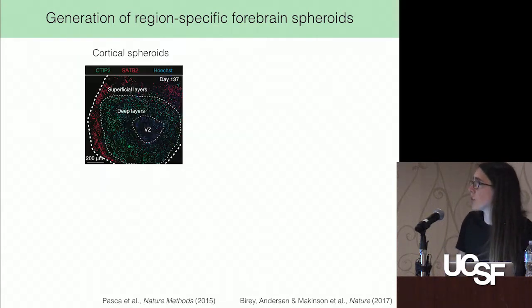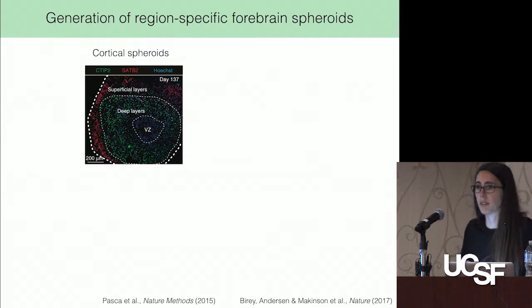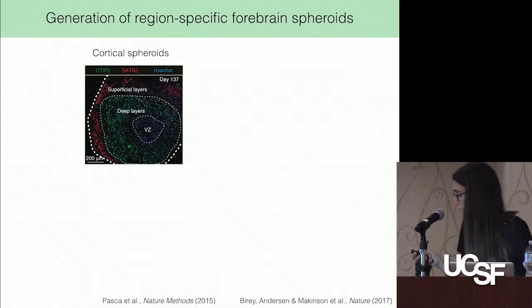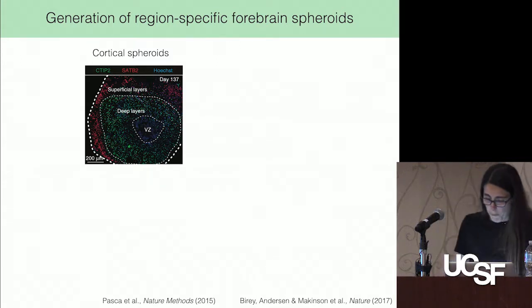Then we went on to look inside and make sure that they look like what we expect. In the cortical spheres, as we saw this morning, we have a ventricular zone area where the progenitors are, with deep layer neurons expressing CTIP2 and superficial layer neurons expressing SATB2.